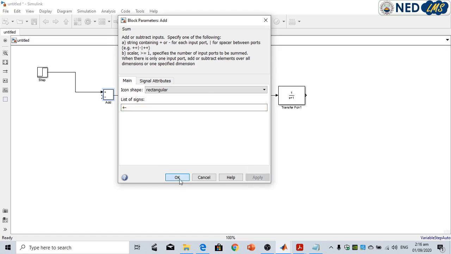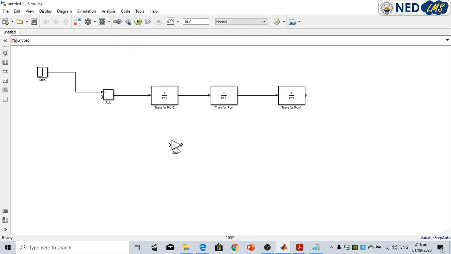Apply and OK. We change the direction of this gain block. We use here Control R. Okay, this one is the correct direction for this block.